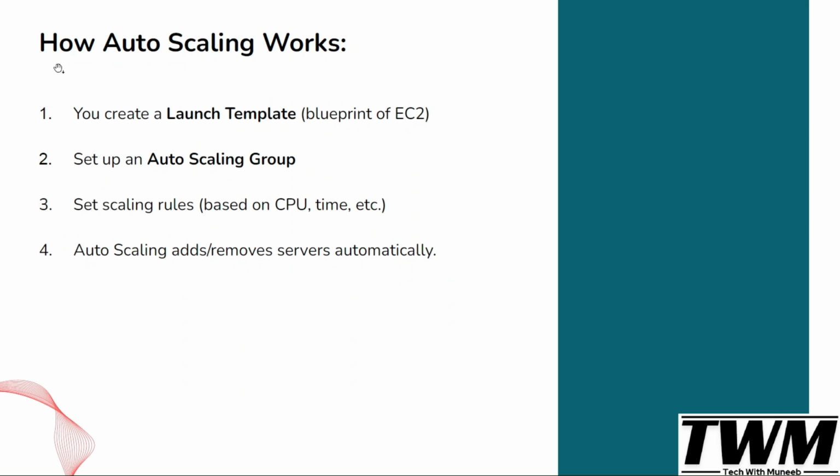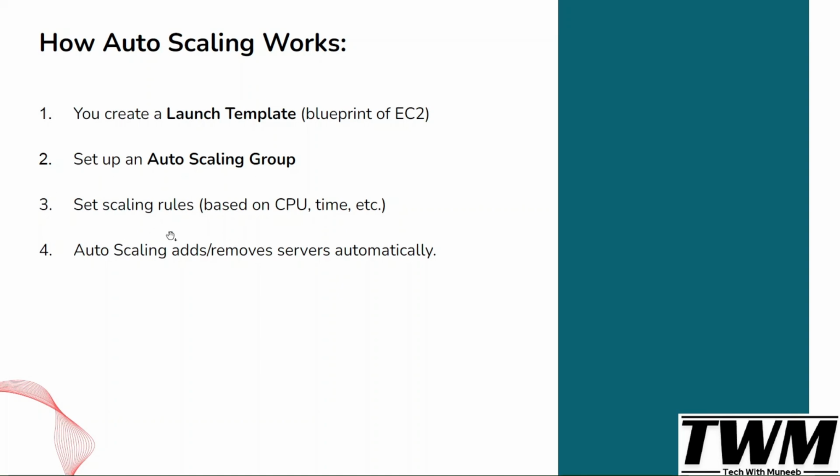Right, so how does it work? Basically, we need to create a launch template. I will cover this topic in the hands-on lab, so stay tuned for that. What is a launch template or launch configuration? It's basically a blueprint or golden AMI of your EC2 instances. We create the launch template first, and then we set up the auto scaling group, in which we keep values like the minimum, maximum, or desired capacity of servers working at the backend.